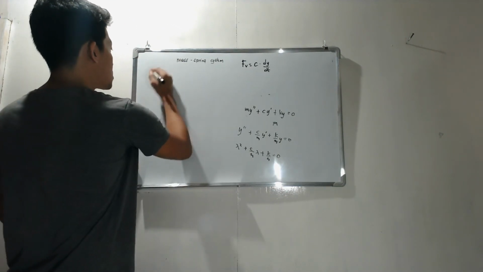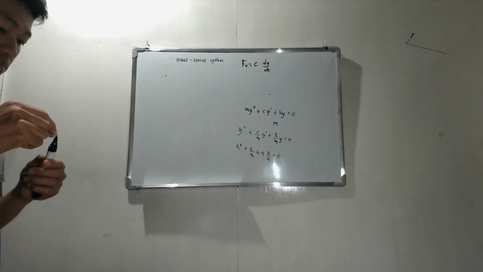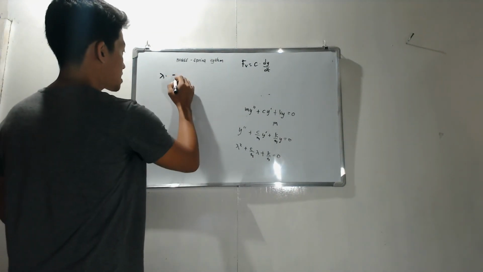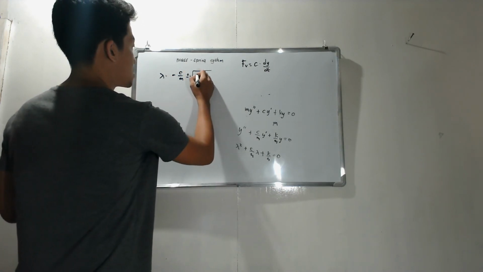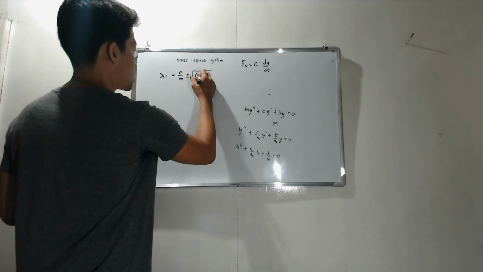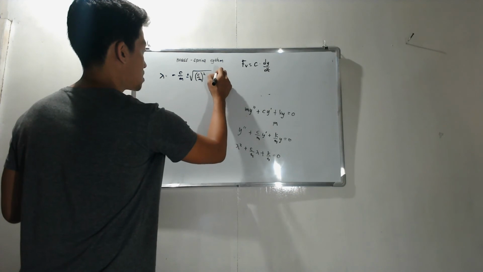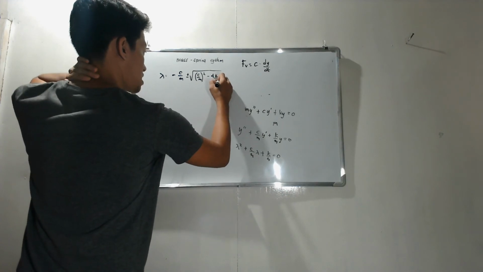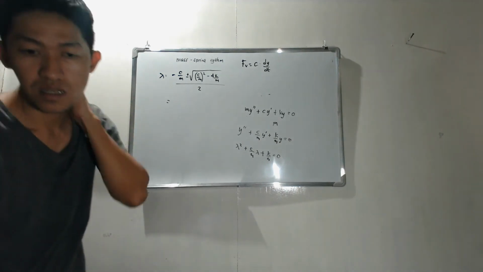So lambda is equal to negative b, negative c over m, plus minus square root of b squared, so c over m squared, minus 4ac, over 2.